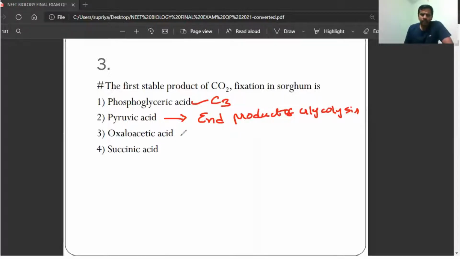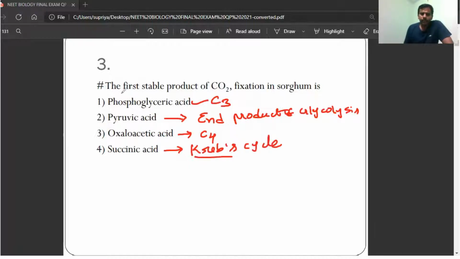And see the oxaloacetic acid. Student, this oxaloacetic acid is the initial molecule in the Krebs cycle, as well as the first stable product in the C4 cycle. And succinic acid, you can find as an intermediate compound in the Krebs cycle.